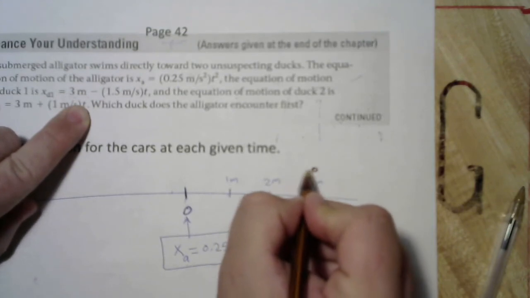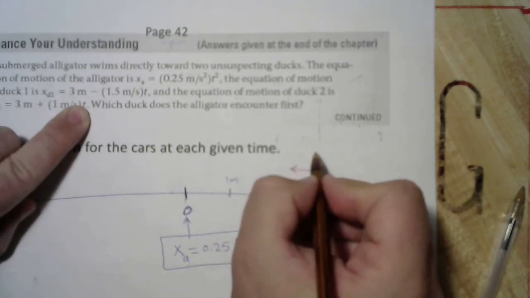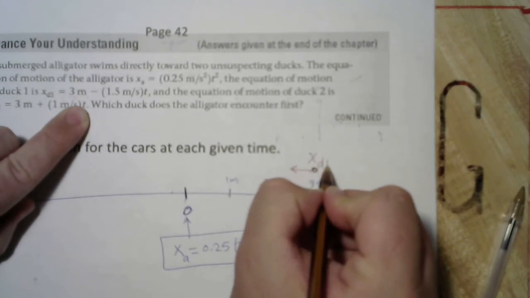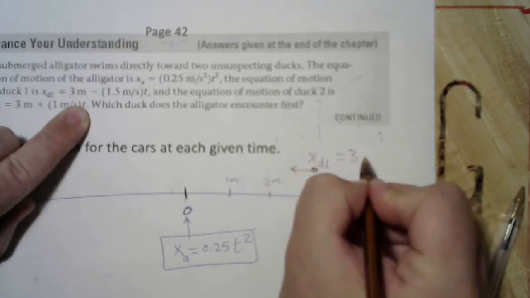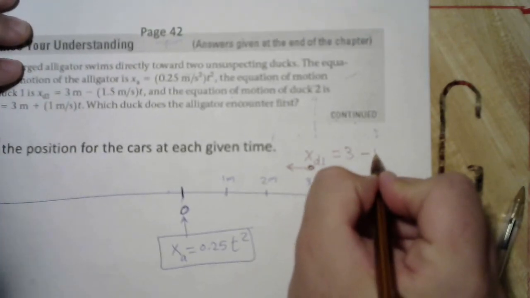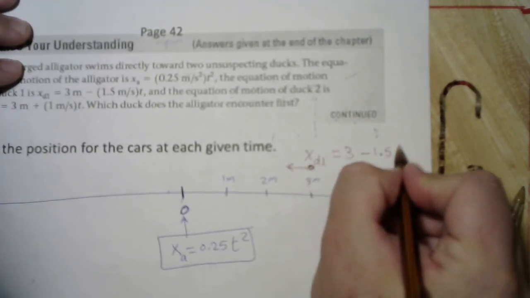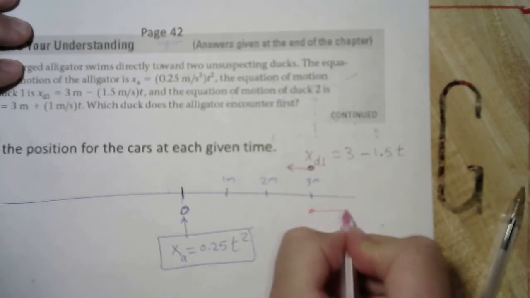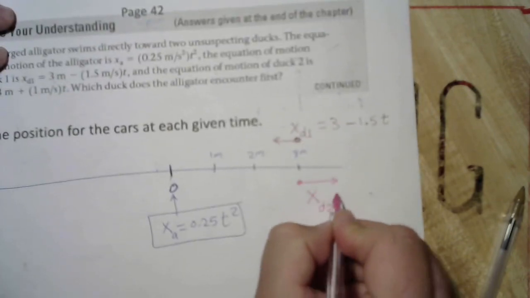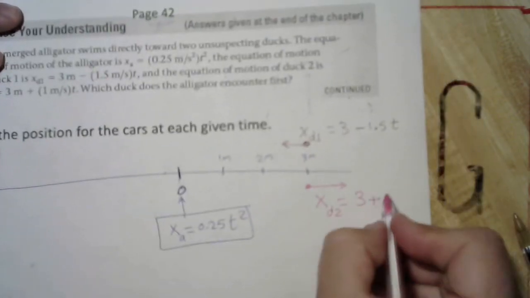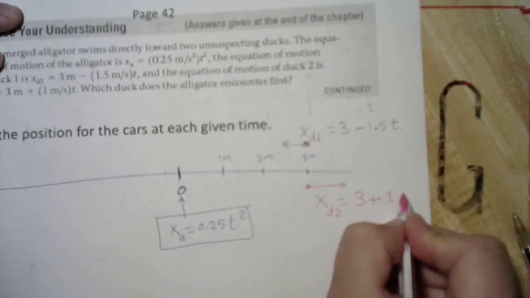Okay, so the first one has the equation of motion for d1, for duck 1, equal to 3 minus, I will not put the units now, minus 1.5 multiplied by the time. The second one is going away from him, so x for the second duck is equal to 3 plus 1 meter per second multiplied by the time.